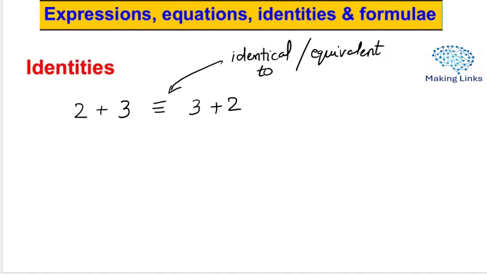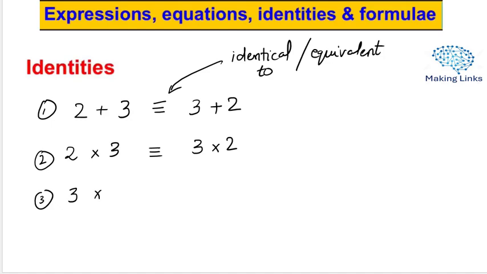We can take another example. Let's say you do 2 times 3 or 3 times 2. Again, they are giving you the same result. The first one is the commutative law of addition, and this is the commutative law of multiplication.